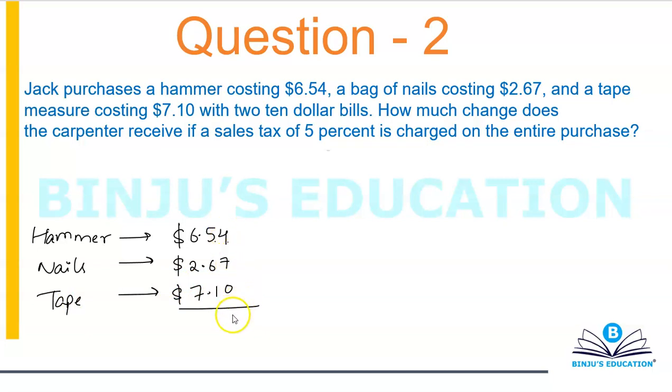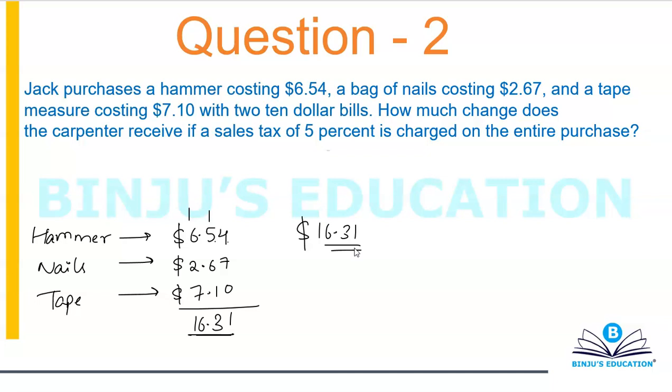Add them up: 4, 7, 11, 1, 13, 1, 7 and 7, 14, so 16. So he paid basically a total of $16.31 for all the three items. Okay, that's excluding the sales tax.